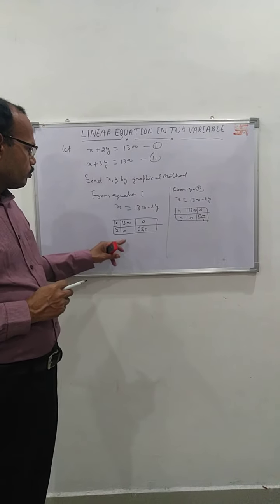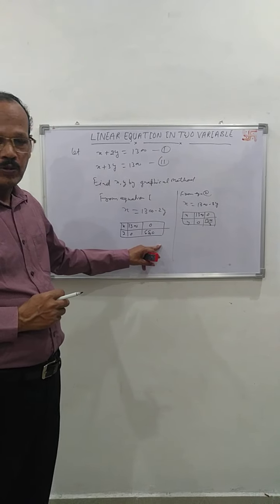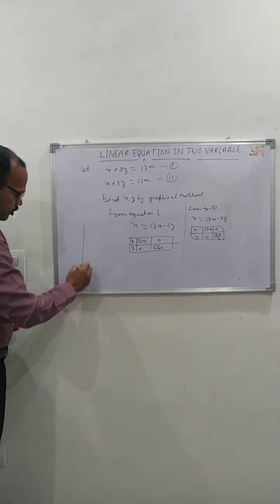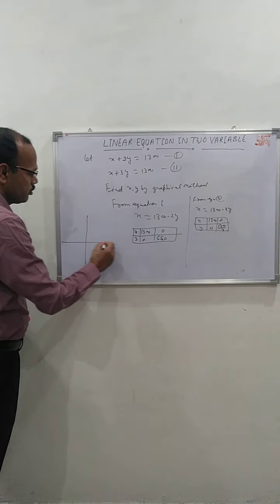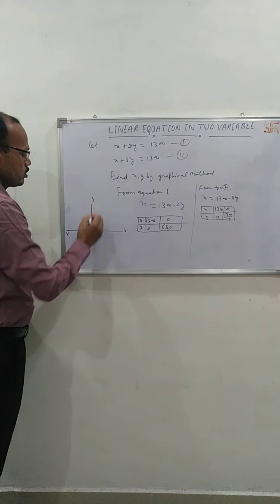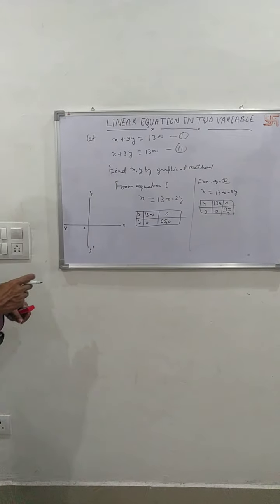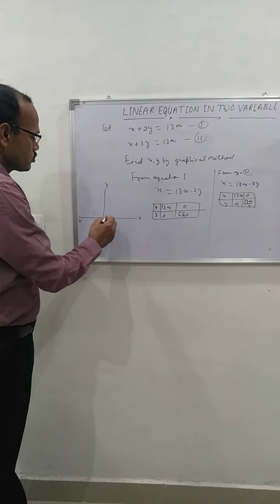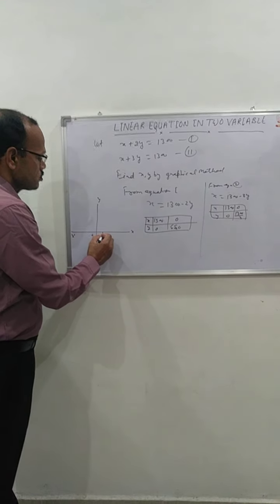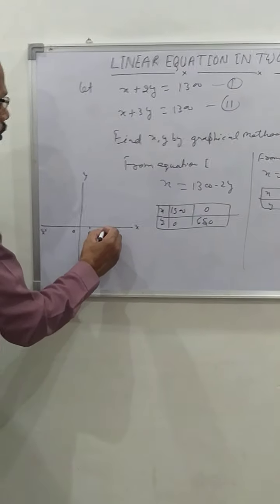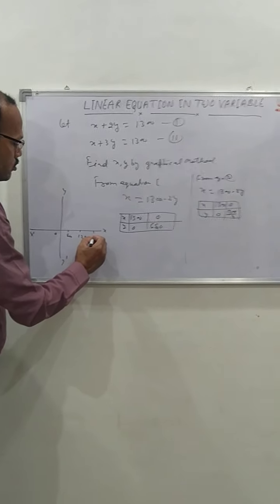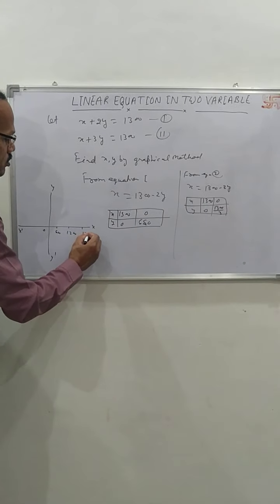After that we plot these points on graph paper. So in graph paper, first of all we mark the axes X'OX and Y'OY. Suppose this point shows 600, this point shows 1200, and similarly this one 1800.